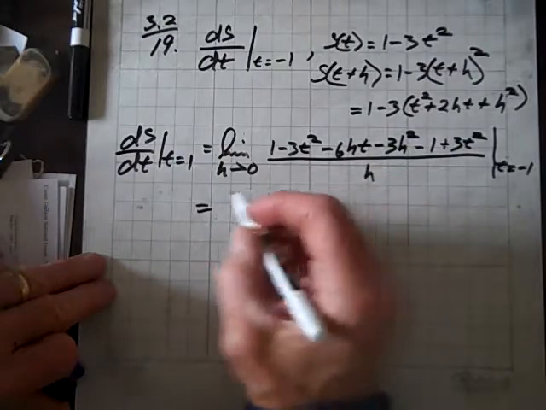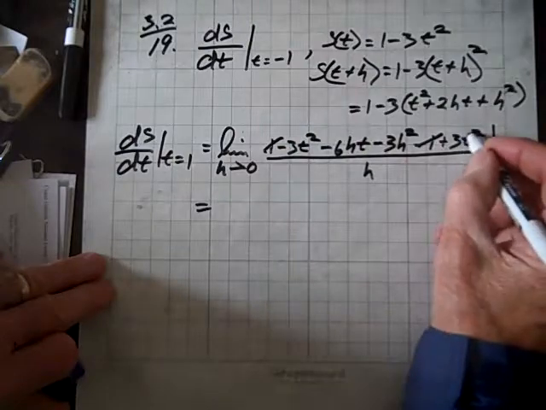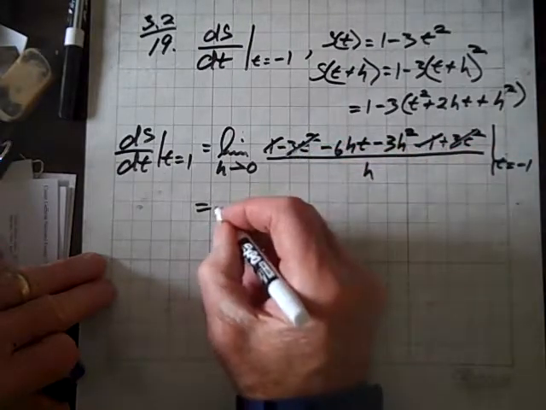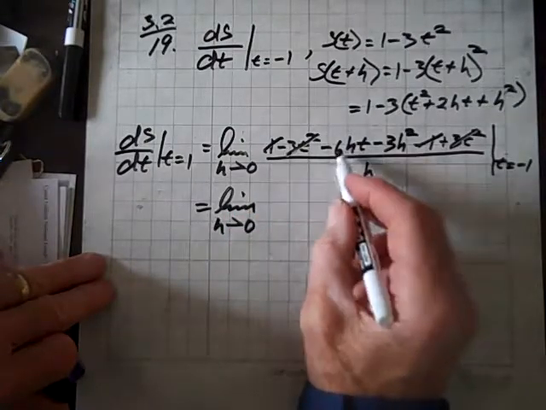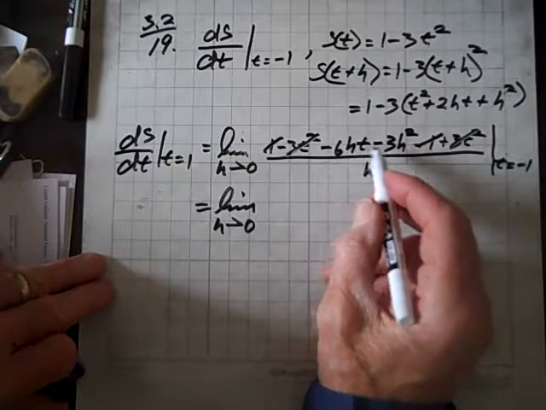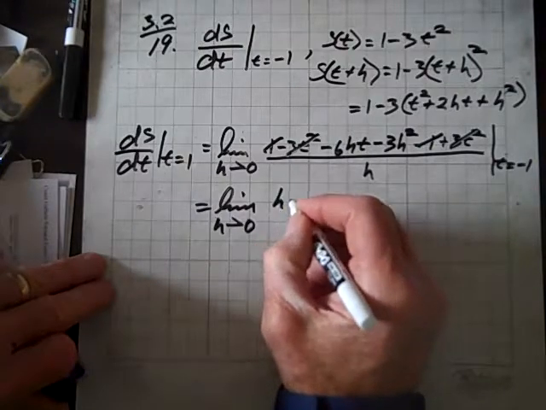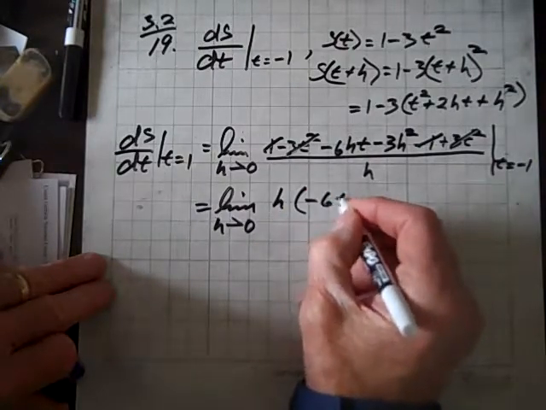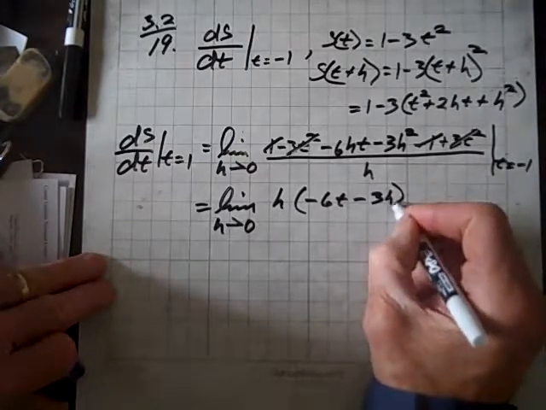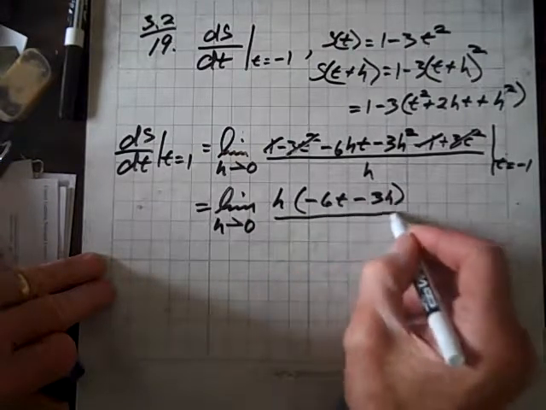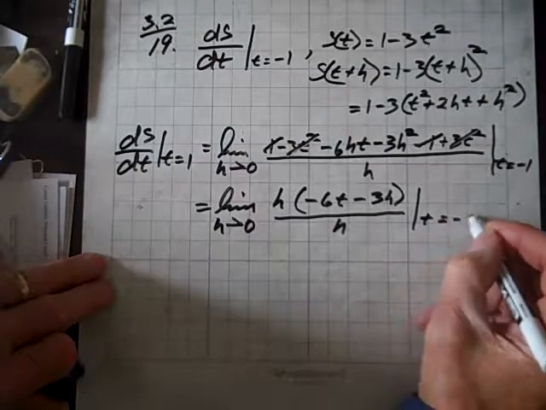So now you notice that the 1's add out, the 3t squareds add out, so we've got the limit as h goes to 0. And now the only two remaining terms in the numerator, we can factor an h out of each of those, h times negative 6t minus 3h all over h, and we're going to evaluate for t equals negative 1.